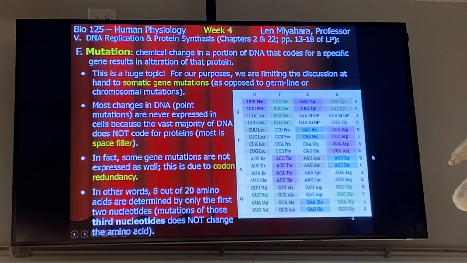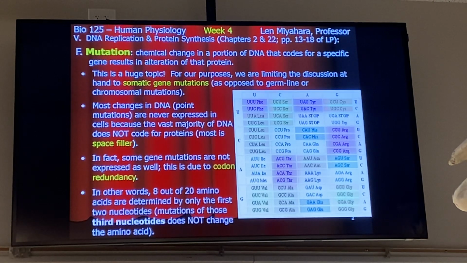Codon redundancy is this. If you look, say, at the amino acid proline, right here in green, everybody see that? Notice that it only codes by the first 2 nucleotides. The third one is irrelevant, save that the third one has to be there. As long as it's there, it doesn't matter which nucleotide it is.